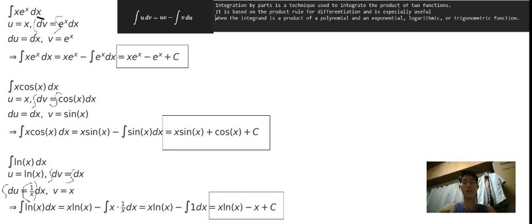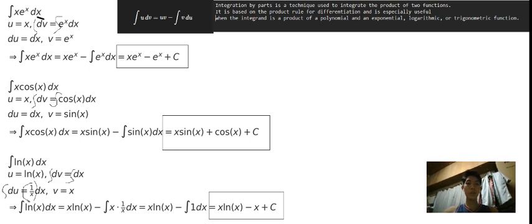For us to find v, if you're wondering, we integrate dv, or we integrate e to the power of x dx. So our u is x, du is dx, dv is equal to e to the power of x dx, and our v is equal to e to the power of x.